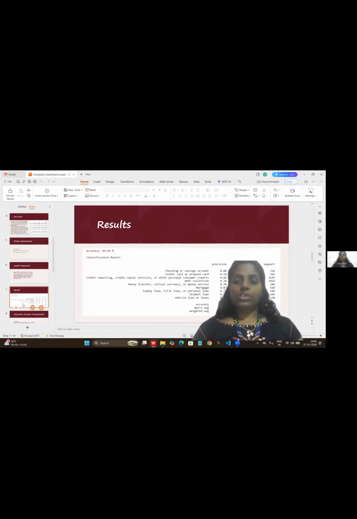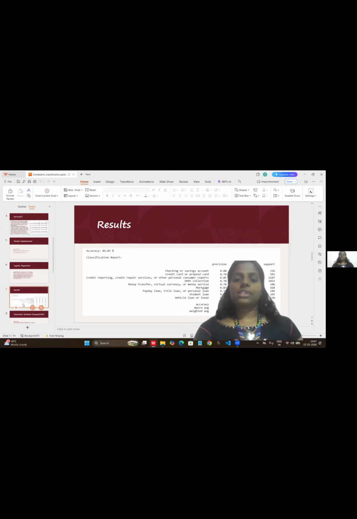Now, coming to the results of logistic regression. After training the model using our dataset, we evaluated its performance using standard evaluation metrics such as accuracy. The model performed well in classifying the complaint categories and was able to correctly predict most of the customer complaint types. Logistic regression showed stable and reliable performance for text data.